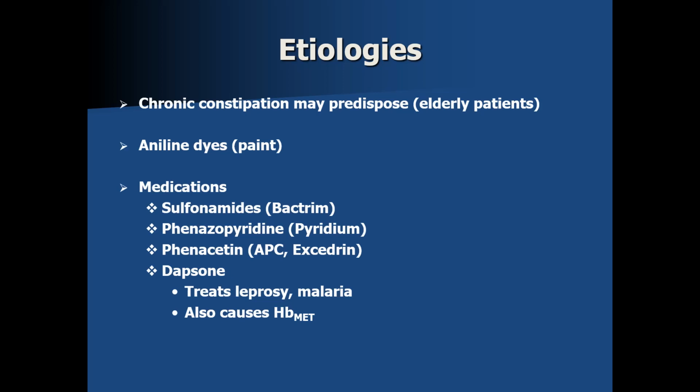The medications include sulfonamides such as Bactrim, phenazopyridine or Pyridium, phenacetin, which is the P in APC and also is included in Excedrin, and another medication called Dapsone, which is used to treat leprosy and malaria. Dapsone causes methemoglobinemia as well as sulfhemoglobinemia.